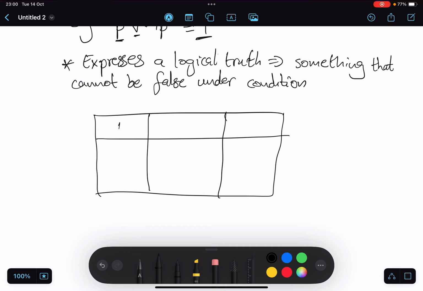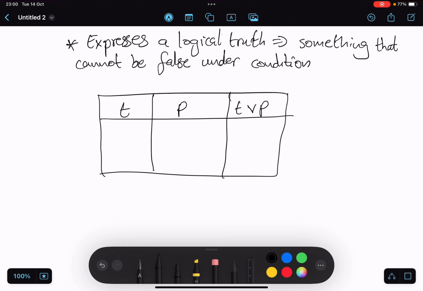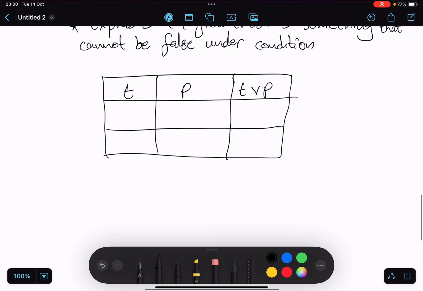Okay, so small letter T will represent a tautological statement, and then P will be a proposition, and we are saying T ∨ P, right? When you're using the disjunction operator, we want to evaluate the tautological statement with the proposition.